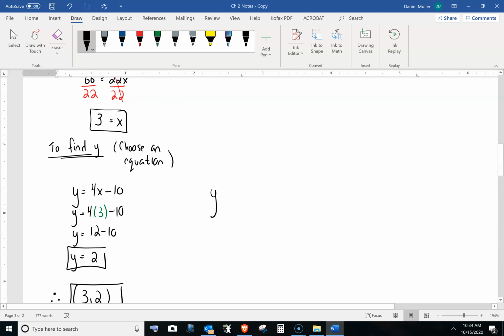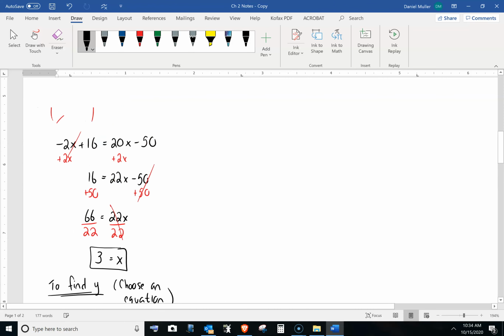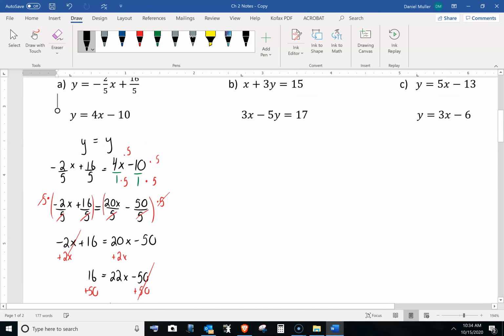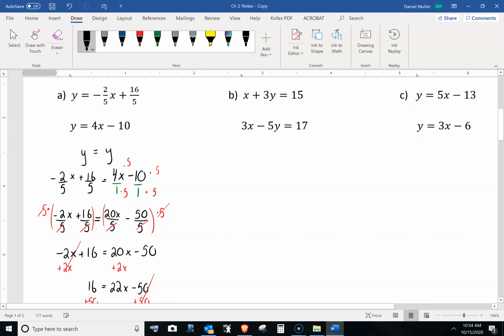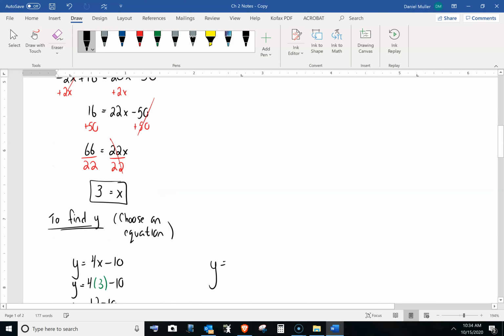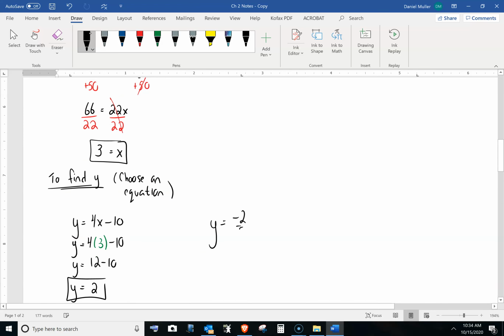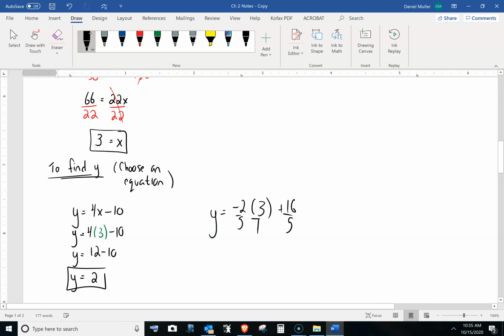Now you could have done the other equation, which is negative 2 over 5 times the 3, since x is 3, plus 16 over 5. And this is a denominator of 1. So negative 2 times 3 is negative 6. 5 times 1 is 5.